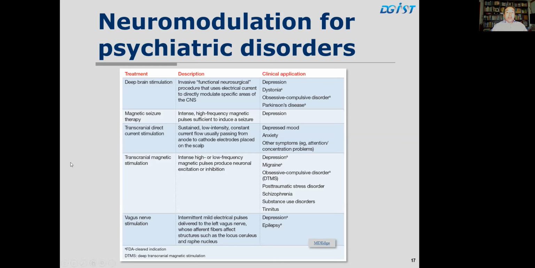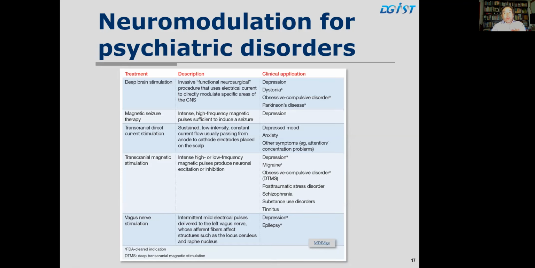There's also transcranial direct current stimulation, sustained low intensity, constant direct current flow, usually passing from anode to cathode, electrodes placed around the scalp. So that's also been used for depressed mood, anxiety, and other psychiatric symptoms. And then there's transcranial magnetic stimulation.